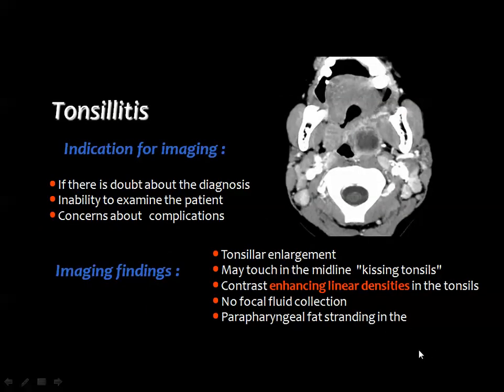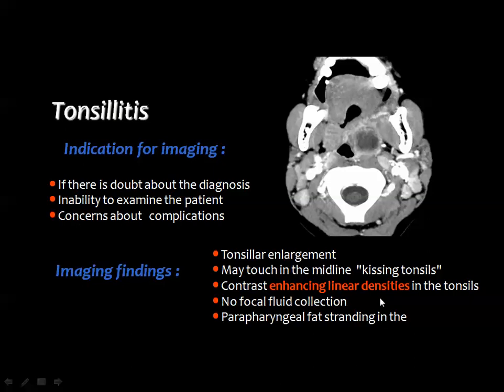Usually in cases of tonsillitis you do not need the help of imaging, but imaging is needed if there is a doubt about the diagnosis and you feel that this is not tonsillitis but another inflammatory lesion, if there is inability to examine the patient, or whenever you are afraid about the presence of complications.